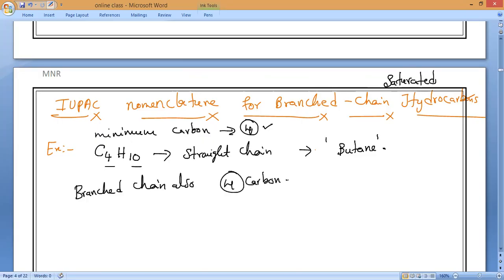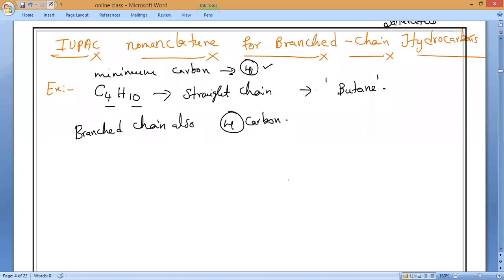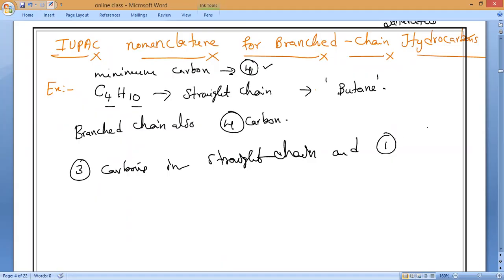But observe, it will have 3 carbons in the straight chain, and 1 carbon will come as a side chain. That is the fourth carbon. What carbon is it?